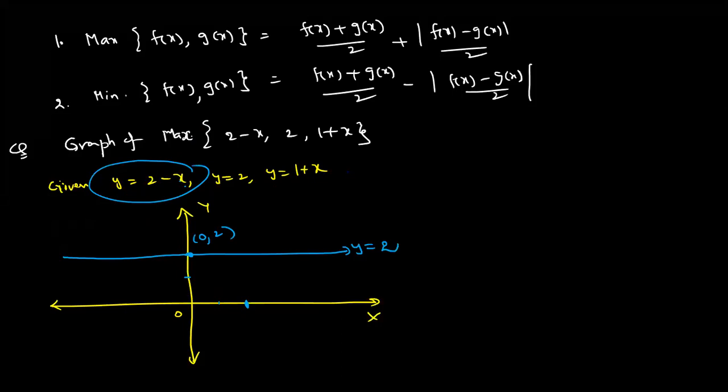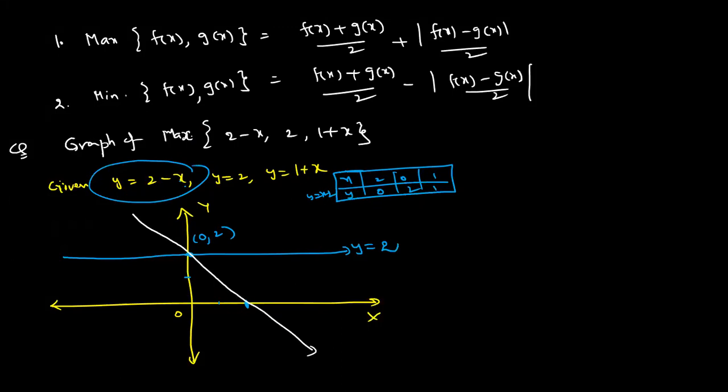Make a table here. Dear students, see, x, y. I'm talking about y is equal to 2 minus x. x is 2 means y is 0. x is 0 means y is 2. Like that, 1 means 1. So this graph is coming like this. See carefully. y is equal to 2 minus x.